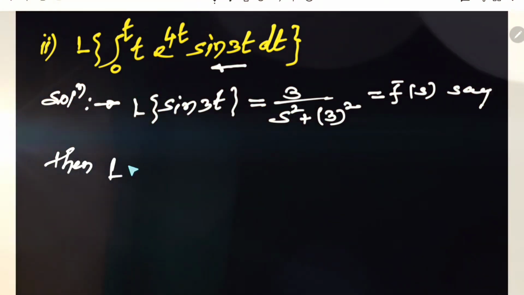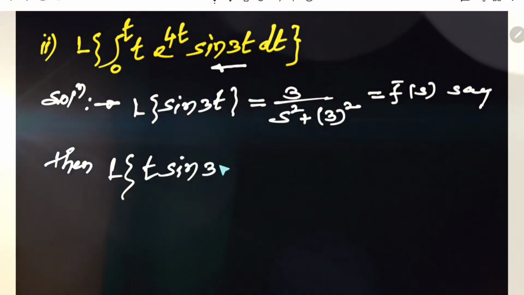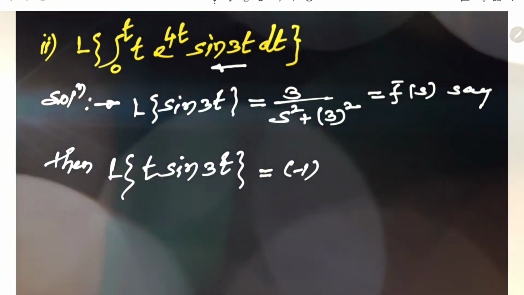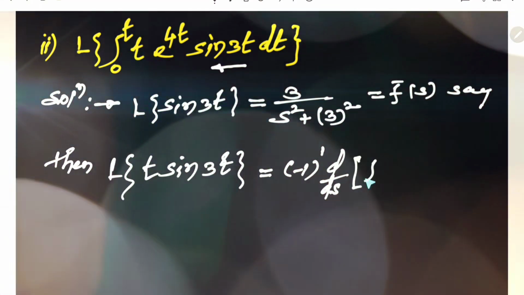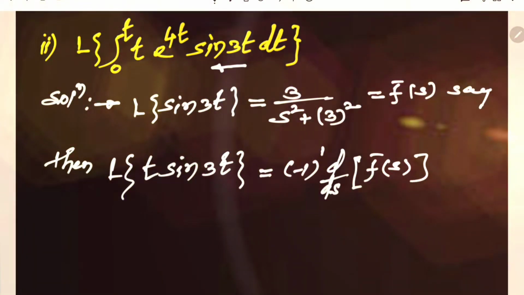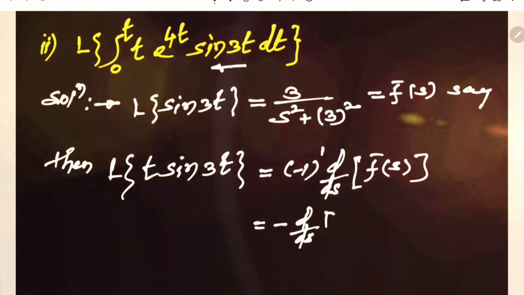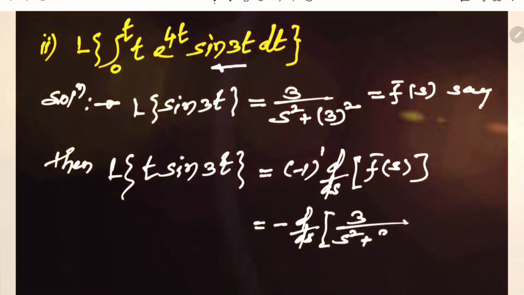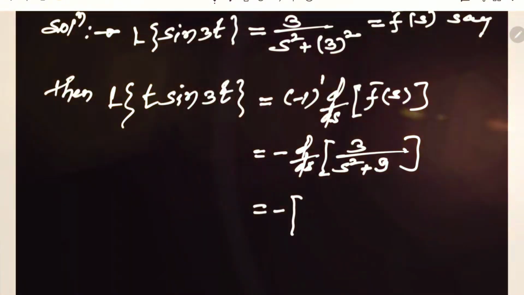Then we multiply by t, therefore using the theorem of multiplication by t raised to n times f of t. Laplace of t sin 3t is minus 1 raised to 1, power n is 1 here, and same order derivative with respect to s of f bar of s. Substituting the value of f bar of s, we get minus d by ds of 3 upon s square plus 9. 1 by x, its derivative is minus 1 by x square.